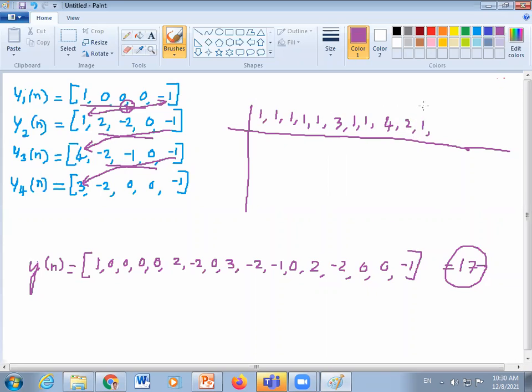In that case you can solve it with the tabular method. Let's check it once. Let's see how many of you will do it. Check the answer with this tabular method and tell me whether it is right or wrong.